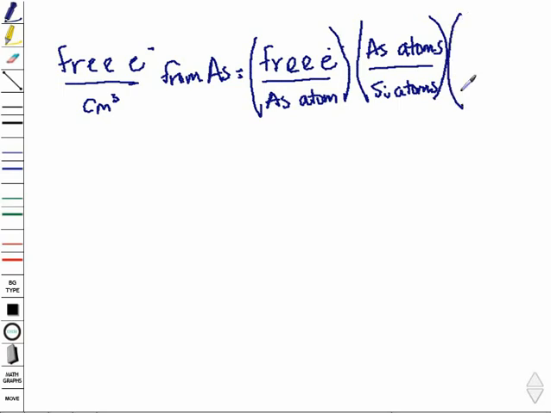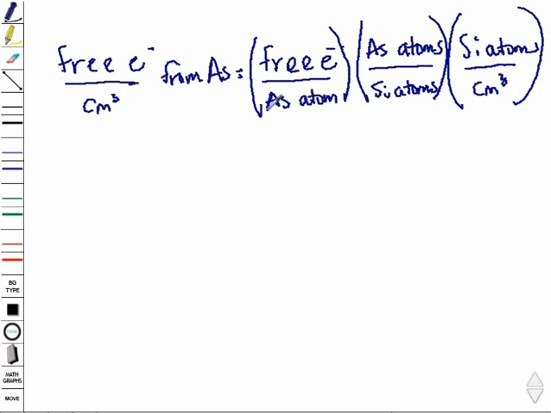We're going to multiply that by the silicon atoms per centimeter cubed.